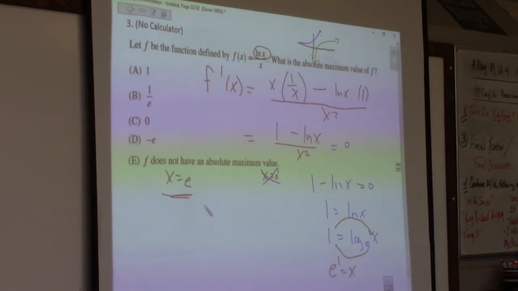We do the Glade maneuver, and we plug it in. Do what Glade tells you. So we're going to find f of e. When we plug that in, we're going to do natural log of e over e. And what do we end up with? Natural log of e is 1, and e is, well, e. So b is our answer.